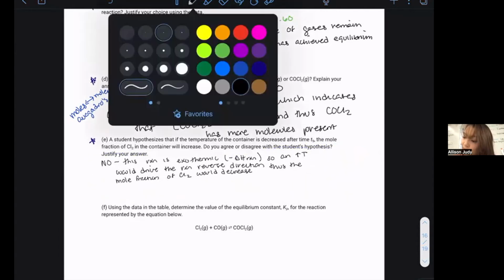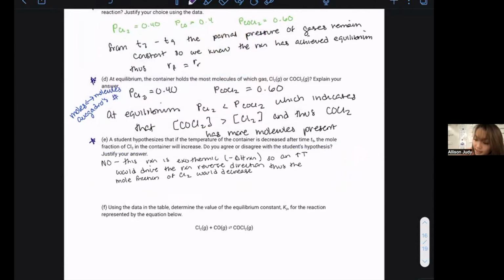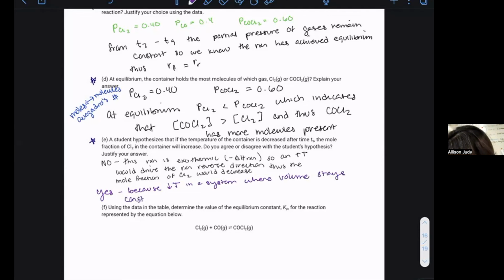So you could say, and I'll write this in a different color, purple, actually, yes, I agree, because decreasing the temperature in a system where the volume stays constant would lead to a decrease in pressure.